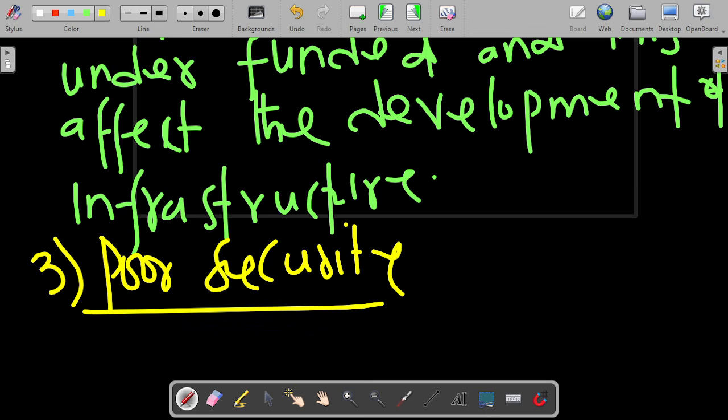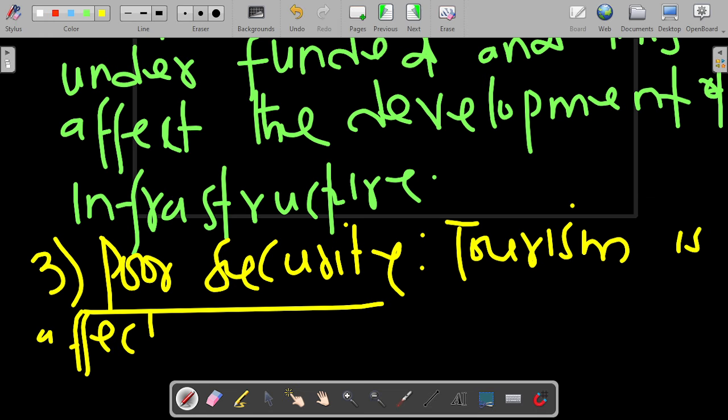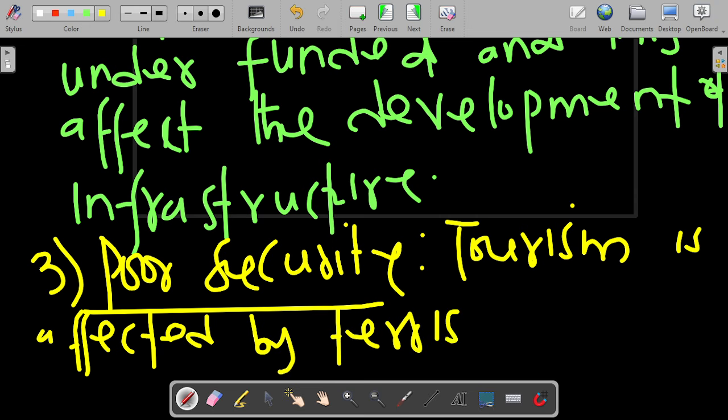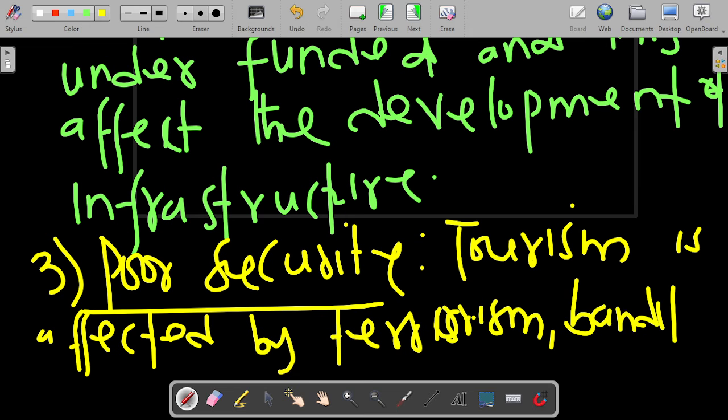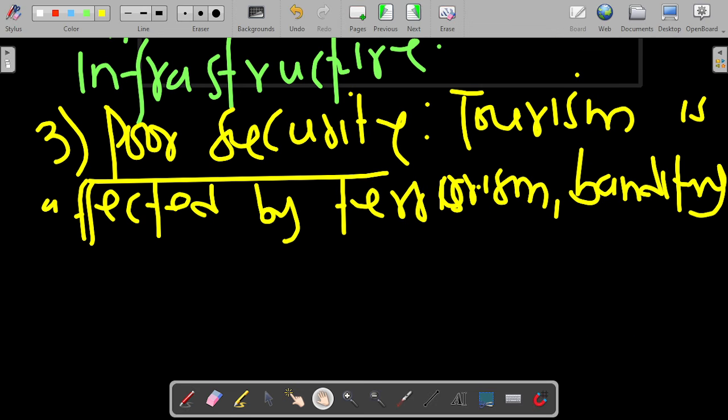So tourism is affected by terrorism, banditry, and kidnapping.